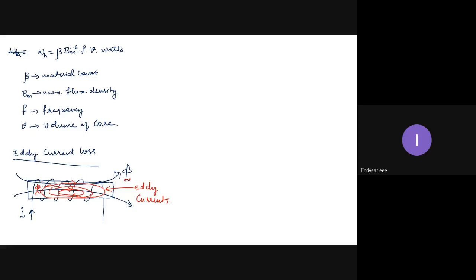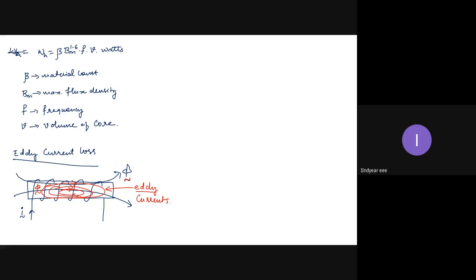Because of the alternating flux linking to the core, which will induce an EMF as per Faraday's law, and these EMFs exist in a short circuited core. The path is short circuited, so immediately these induced EMFs start circulating currents on the surface of the core, and these circulating currents are known as eddy currents.